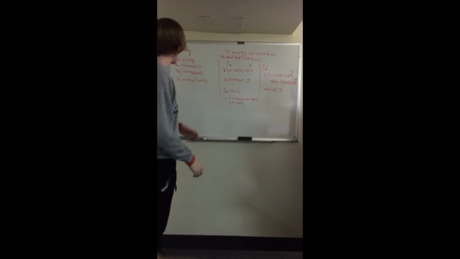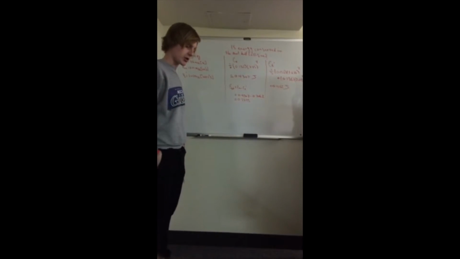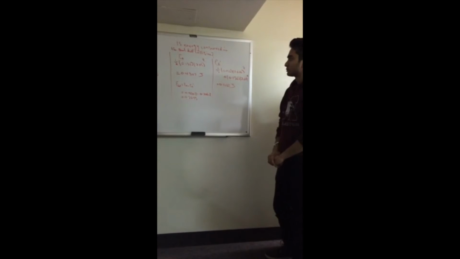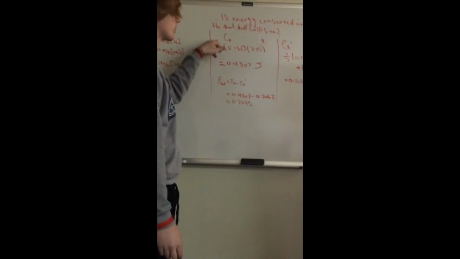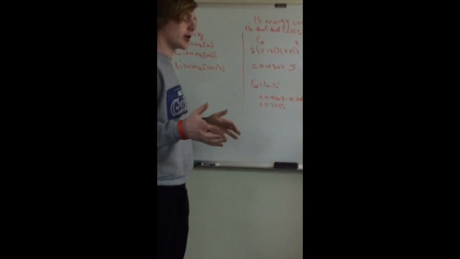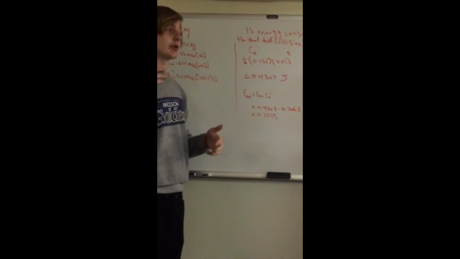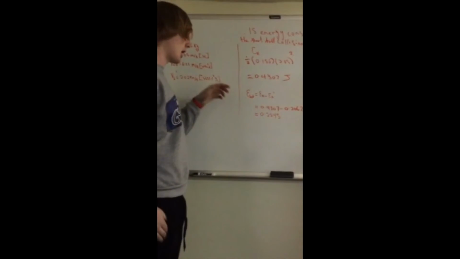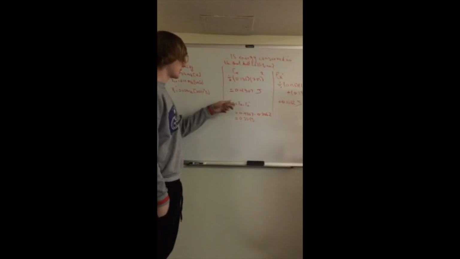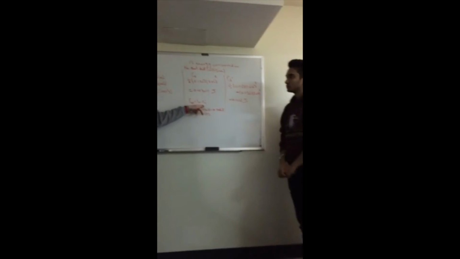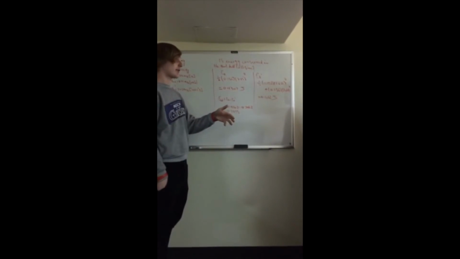Well, from our givens from the previous question, what we had to do was calculate the kinetic energy before the collision, and to determine whether or not energy was lost or conserved, you take the kinetic energy before and subtract it from the kinetic energy after.